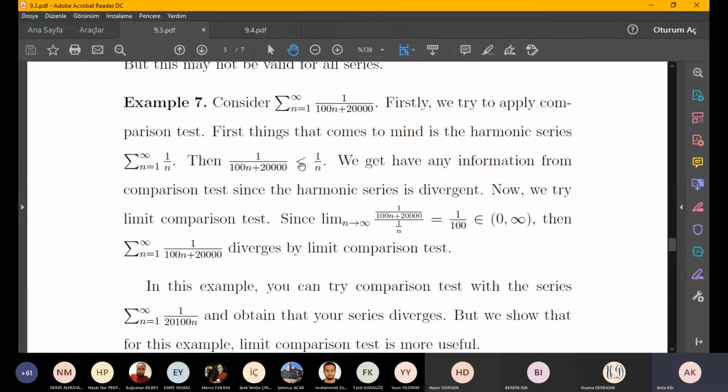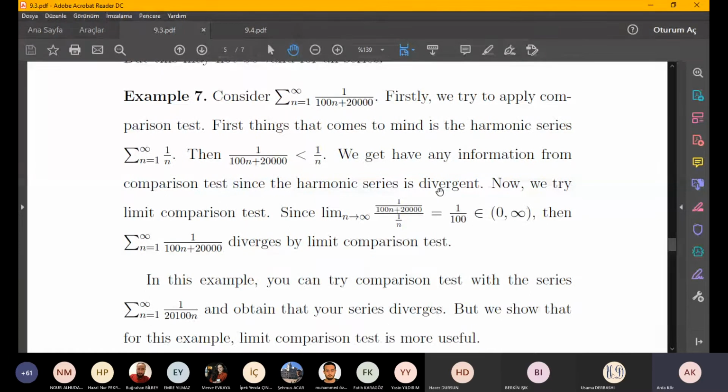So you can directly have this inequality, but we do not get any information from the harmonic series, because again, as we said at the beginning of the course, this is not the right inequality or comparison if you have the bigger series as divergent. Okay, so this doesn't give anything. It doesn't say your series is divergent, so we have to try another test for positively defined series.